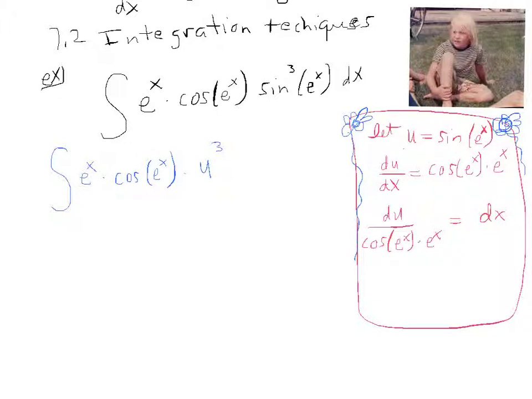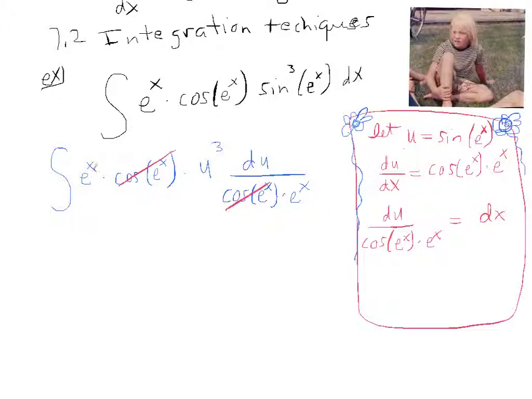Then dx, you can see, is equal to this, so instead of writing dx, I'm going to put du over cosine of e to the x times e to the x. And then you guys can see, voila, I can do a little math here. Well, these cancel out.